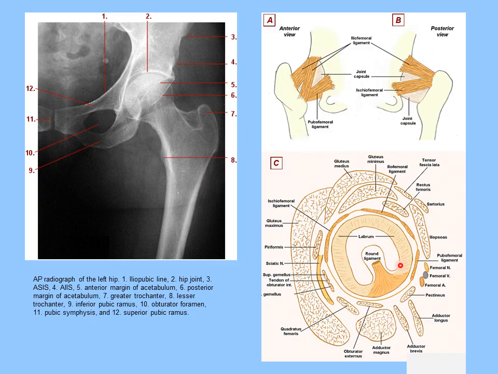The notch in the acetabulum is connected via the transverse acetabular ligament. This labrum is a fibrocartilage lip, just like in the shoulder, that deepens the cavity of the hip and also provides suction to the head of the femur.